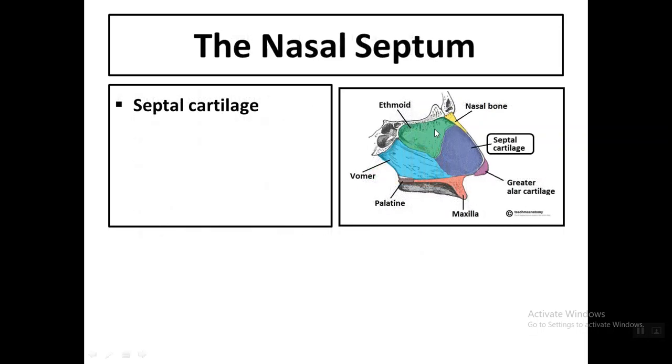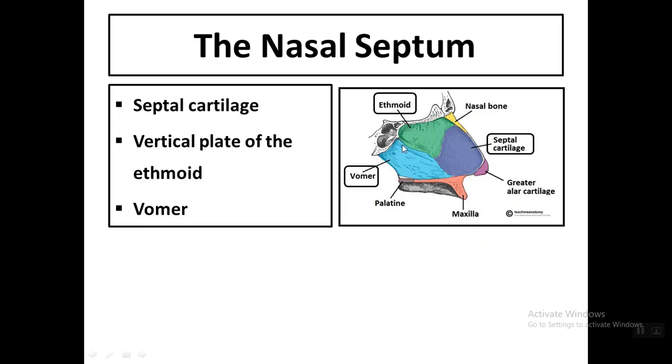The nasal septum is made of cartilage and bone: the septal cartilage, the perpendicular plate of the ethmoid, completed by the vomer bone from below.